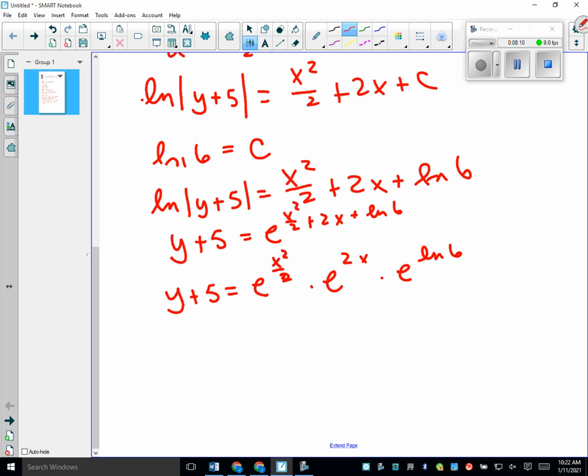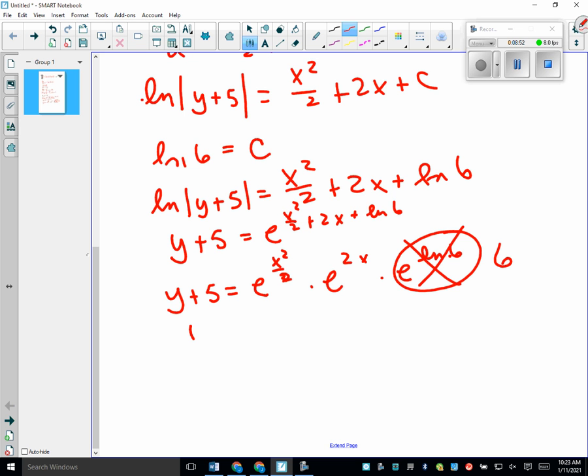Since this e is the same as this base e, this is 6. When the two bases are the same, it's just the number. So you okay right here?